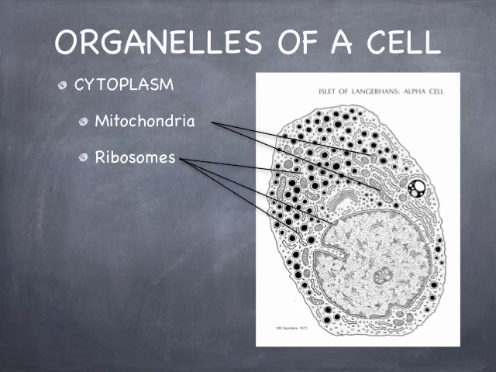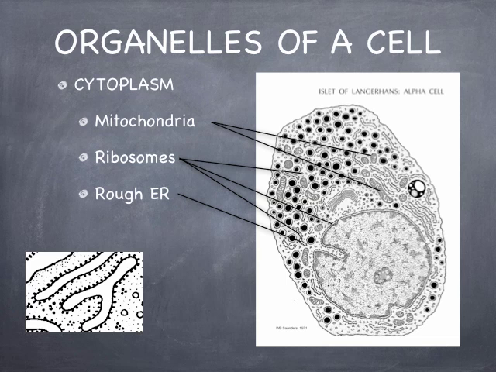Let's put this back in again, and let's talk about these worm-like structures. These long worm-like structures are called rough endoplasmic reticulum. I haven't spelled out endoplasmic reticulum in my picture here because there really isn't enough room to get everything in.